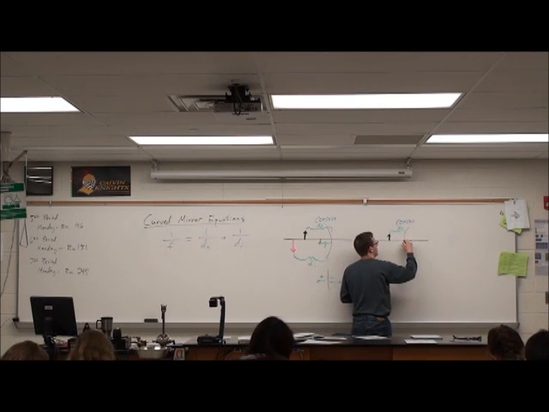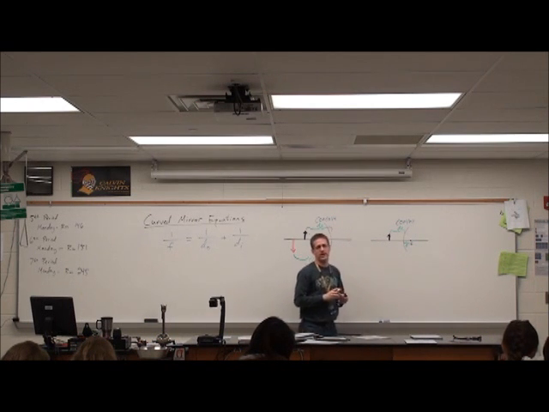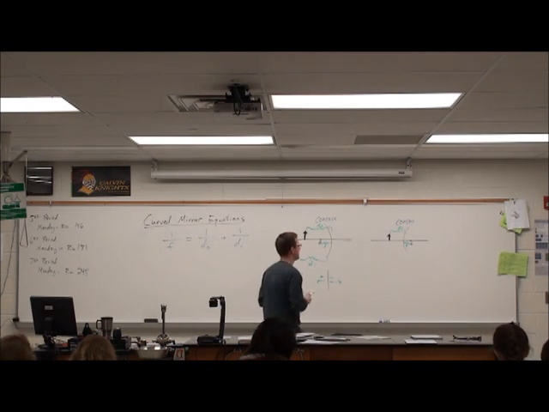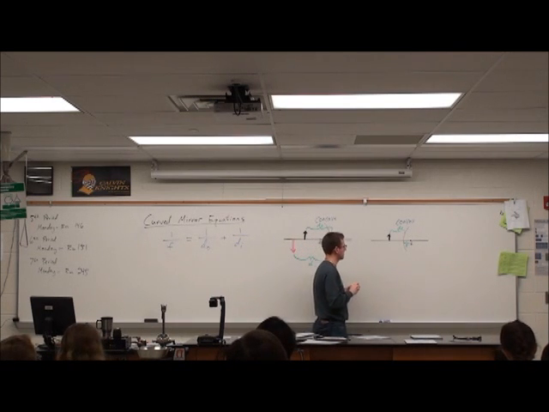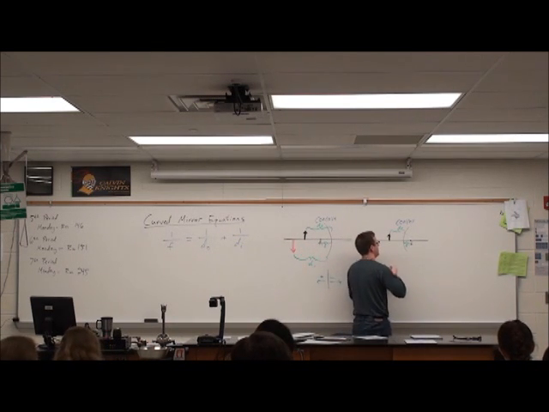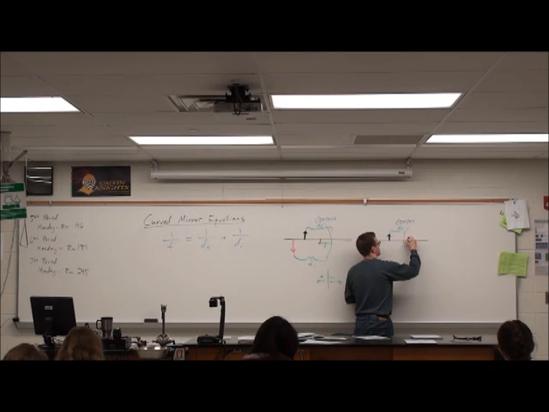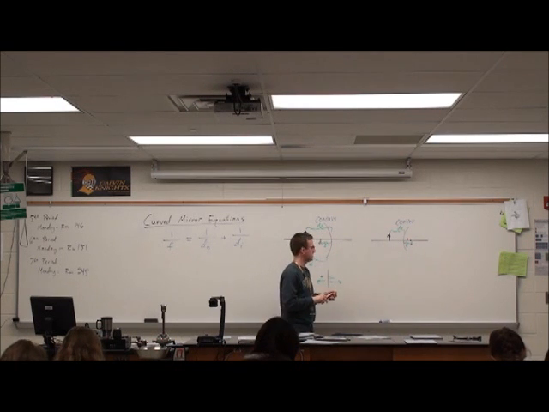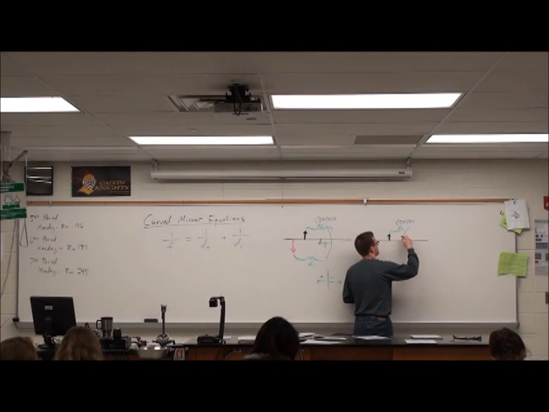So that's DO. For convex, I have a negative focal length because it's always behind the mirror. And my image in this case would be somewhere in here. And I have a negative DI then because it's behind the mirror.